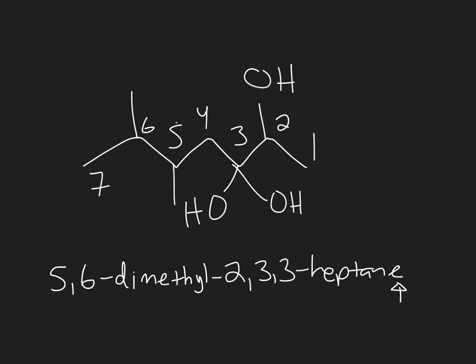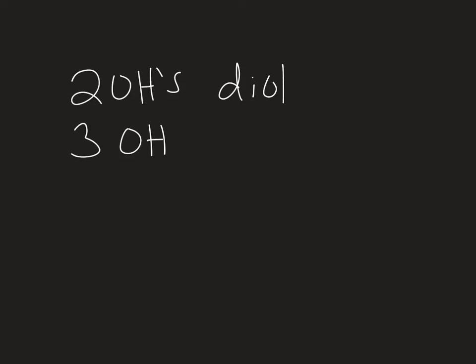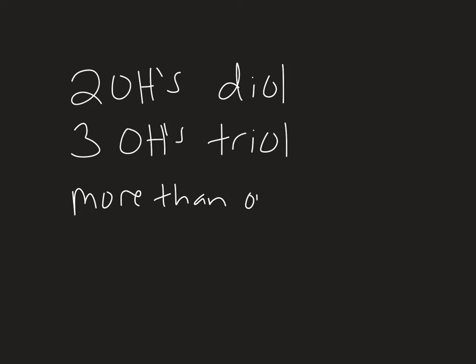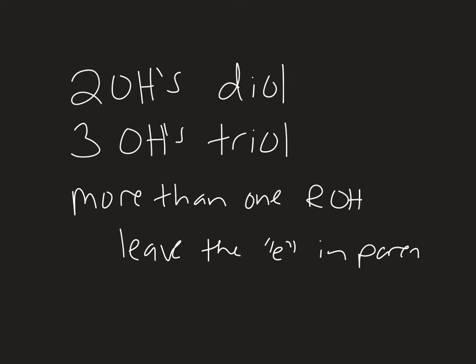What's kind of funny is you keep the E when you have more than one alcohol on there. If you have 2 alcohols, you would have a diol. If you have 3 alcohols, you would have a triol. It's just going to modify the exact same way. And when you have more than one alcohol on your molecule, you leave the E in the parent name.